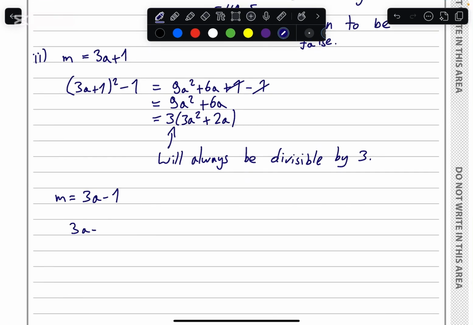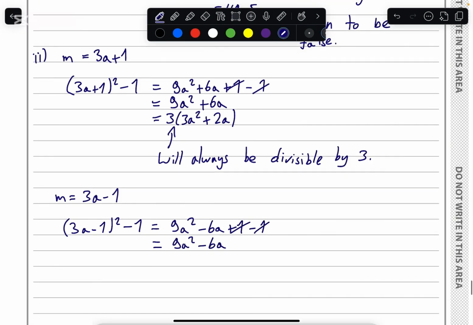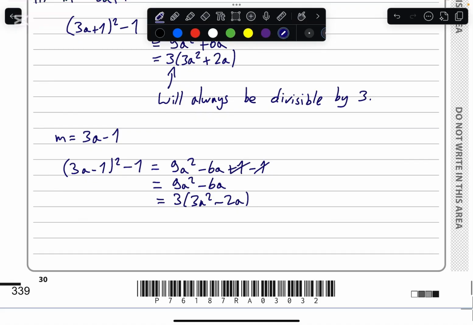If we put that into the equation and expand, we get 9a squared minus 6a, because the 1s again cancel out. Factorizing the 3 outside once more, we get something similar to the one above, where the 3 again means it will always be divisible by 3.